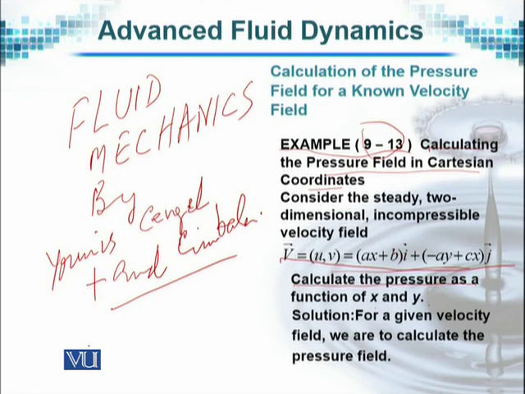I can see the unit vector i, I can see the unit vector j, I cannot see the unit vector k. So only two components, and therefore we can determine pressure only in terms of x and y. So the pressure field is to be found.